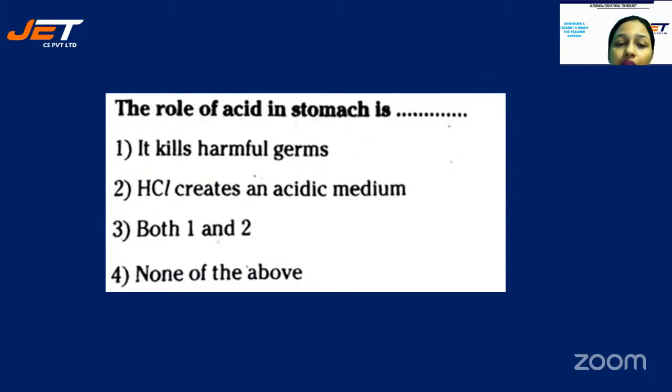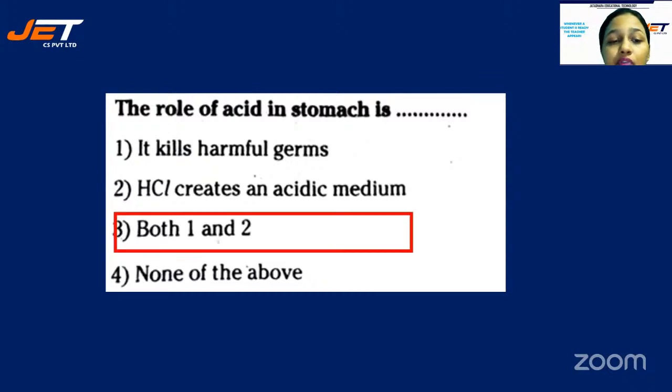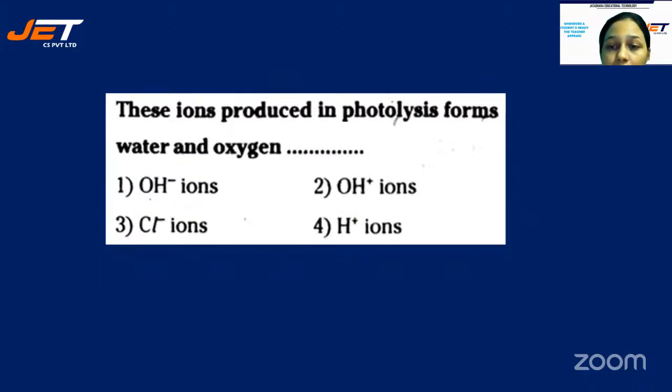The correct answer for this question is number 3, both 1 and 2. It kills harmful germs as well as creates an acidic medium for the digestion of the food. So number 3 is the right answer.